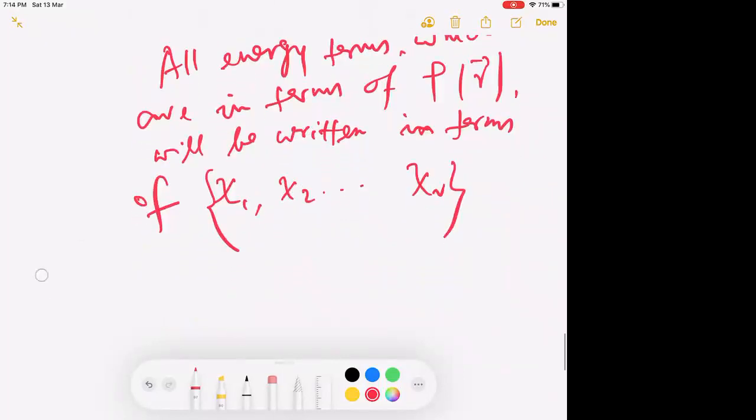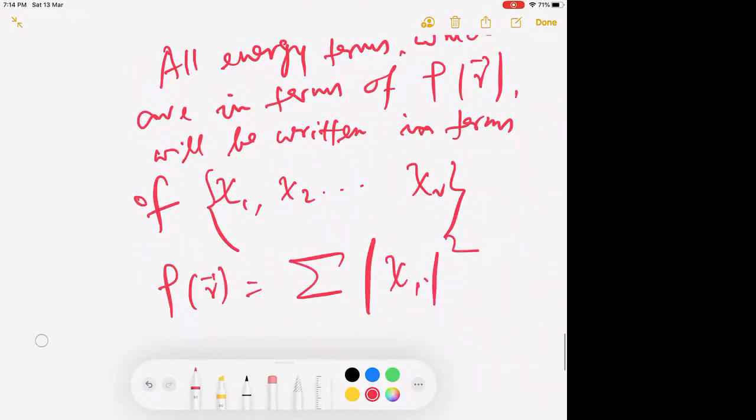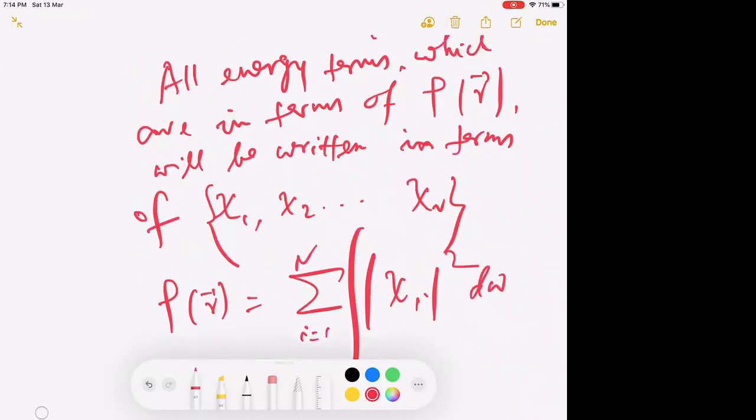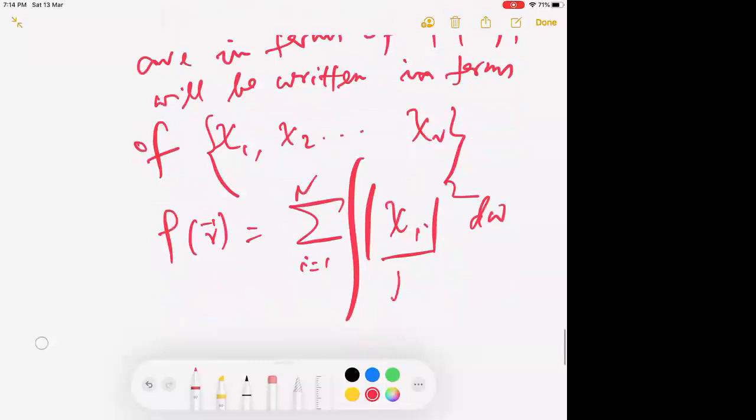Through this expression, rho of r equals the sum over chi i squared, integrated over d omega. This is easy. In kinetic energy, I had to do the reverse. I had an expression in terms of spin orbitals, and I had to go and write it in terms of density. That was very difficult.